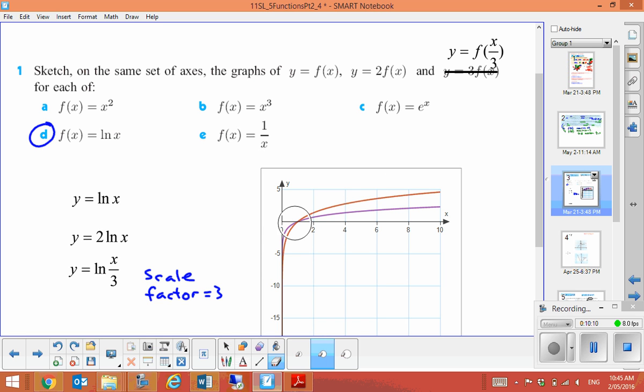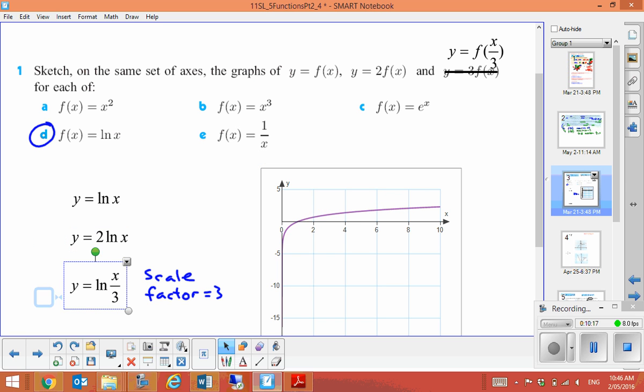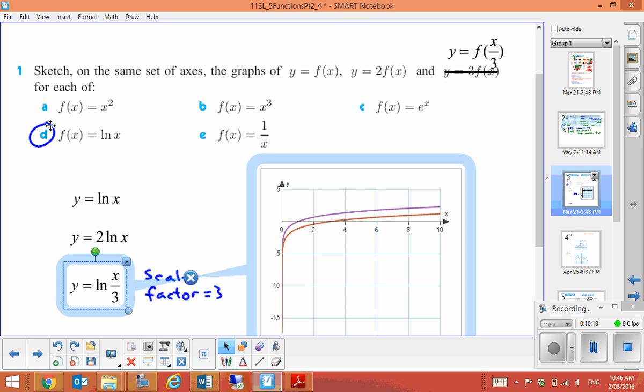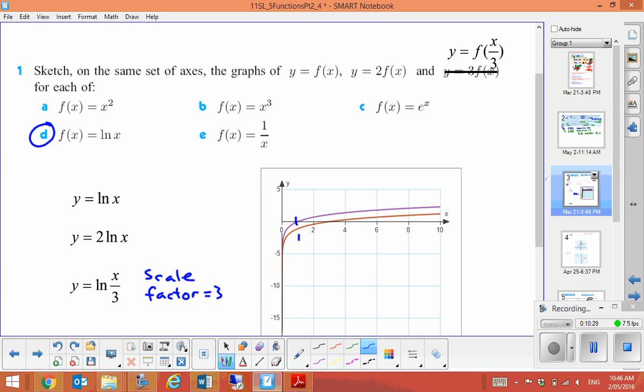I might just rub that out so we can see what this one does. This one here is flatter, it gets stretched, so all our x values are 3 times further out. So this was at 1, the x-intercept now is at 3, 1 times 3. So our (1, 0) goes to (3, 0).